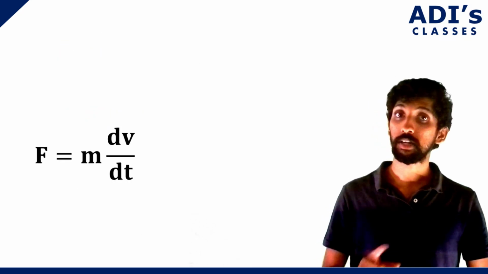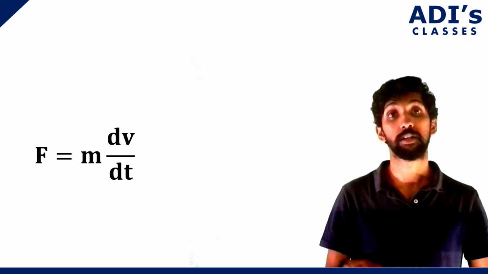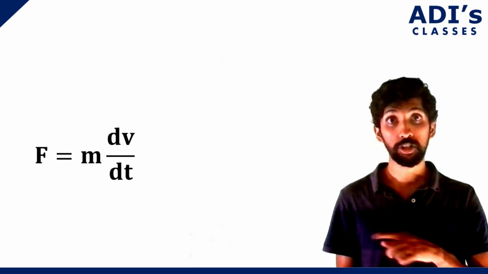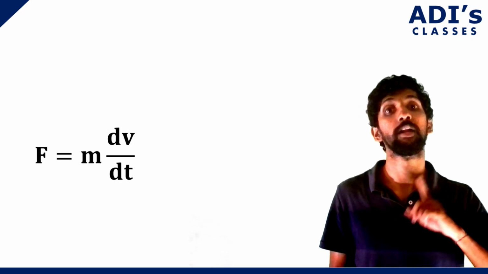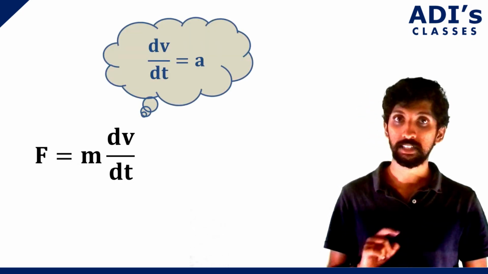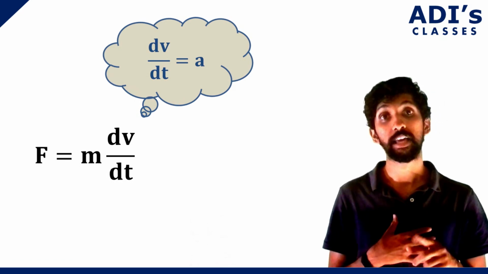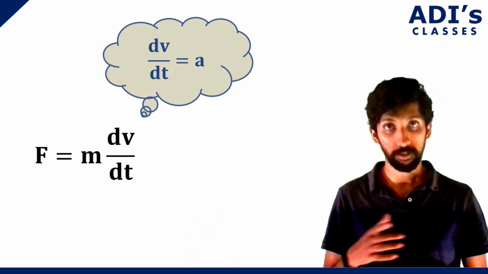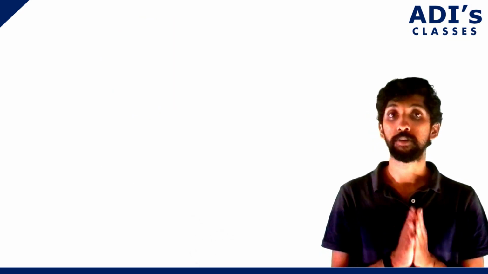Now if you remember, two chapters back, that is motion in one dimension, what was the rate of change of velocity? What was the rate of change of velocity? That was acceleration. So dv by dt becomes a, correct? So if you substitute that, you get F is equal to m into a.